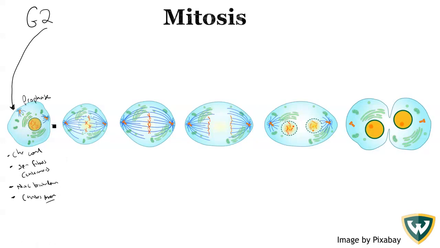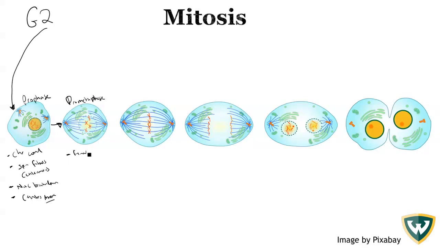That prepares us to move on to the next phase of mitosis, which is called pro-metaphase. In pro-metaphase, the chromosomes are continuing to condense into their final, tightly packed form.